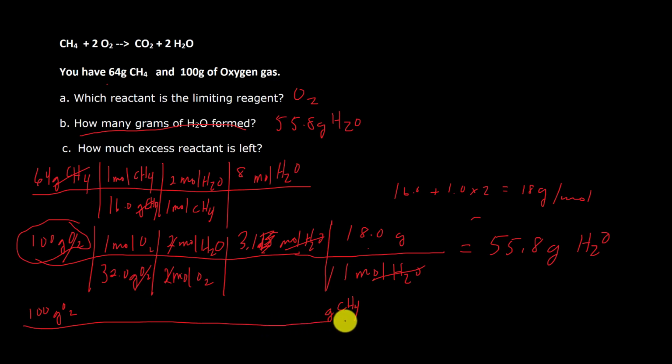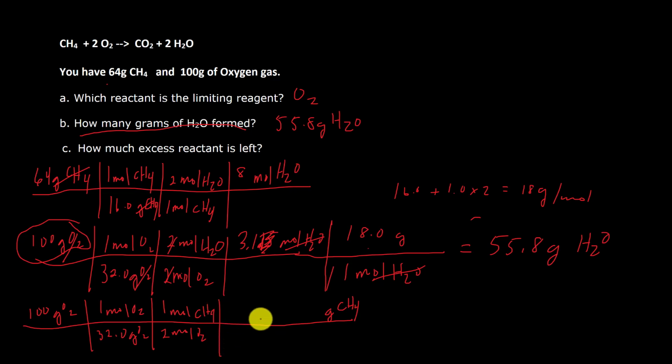Okay, so let's go like this. Put some brackets in here. Of course, we're going to do on the bottom here 32.0 grams of O2 for every 1 mole of O2. And then we're going to do the mole-to-mole ratio. So we've got 2 moles of O2 for every 1 mole of CH4.